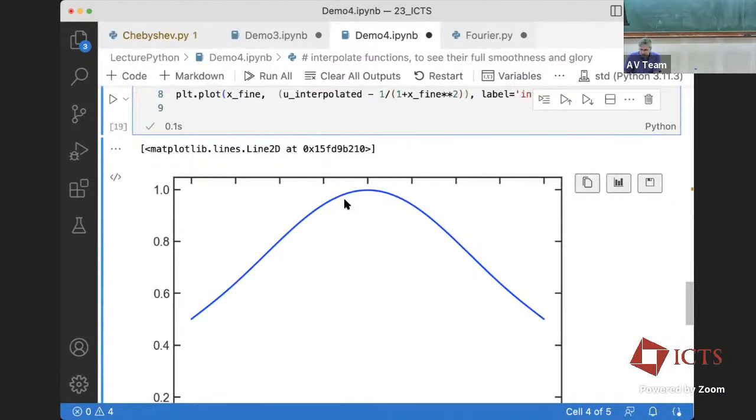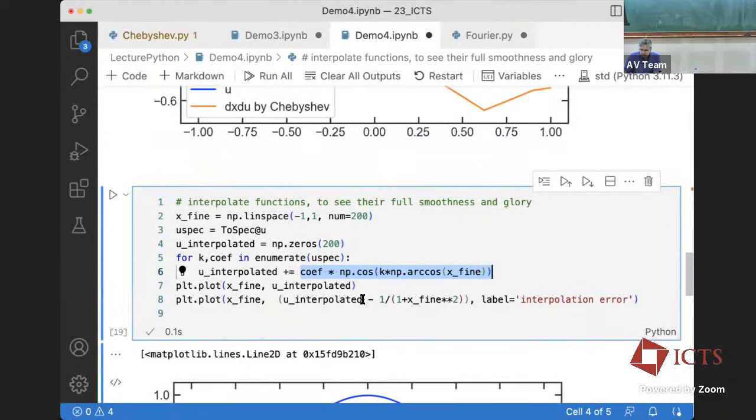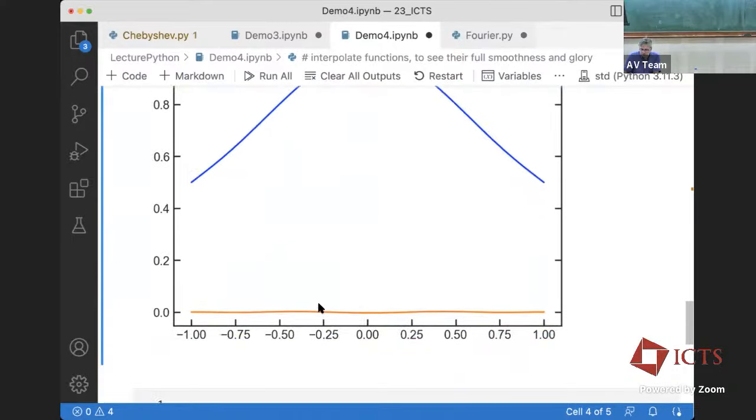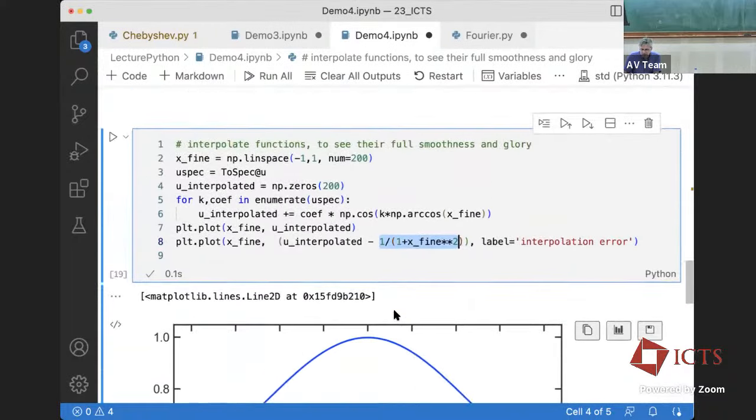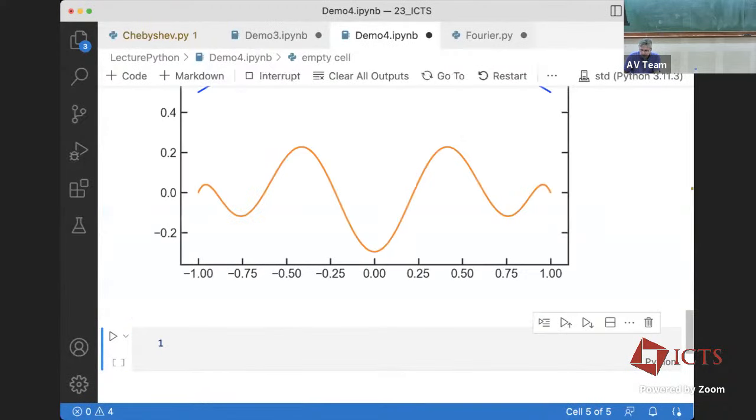It's actually very neat, the Lorentzian. And if I'm taking the difference between the interpolated one and the exact Lorentzian I started out with, well, the difference is sitting down here at 0. And in order to see what this difference actually is, I have to multiply it by 100.